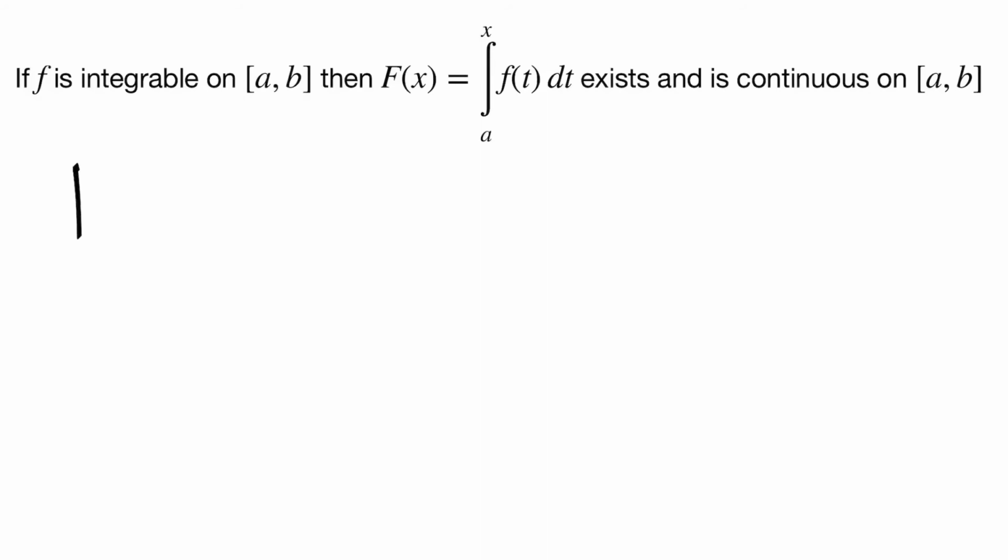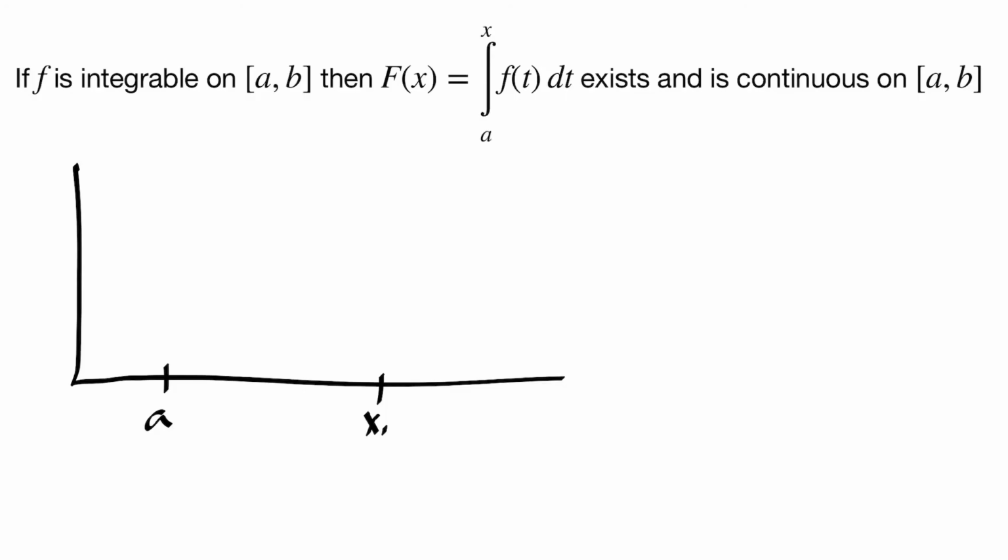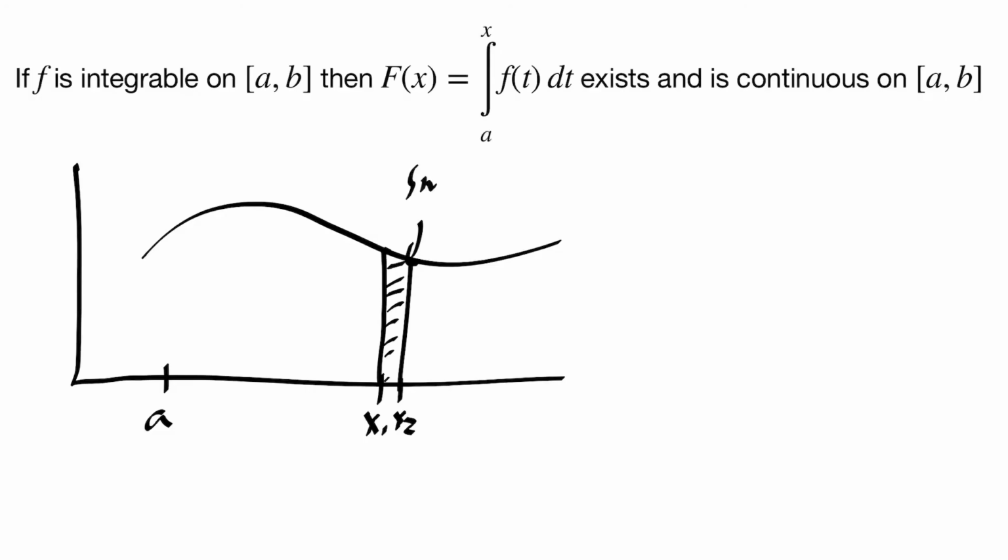Okay, so at the heart of why this is continuous is this picture right here. If I go from a to x1, and I let x2 be just barely bigger than x1, then what do we notice?